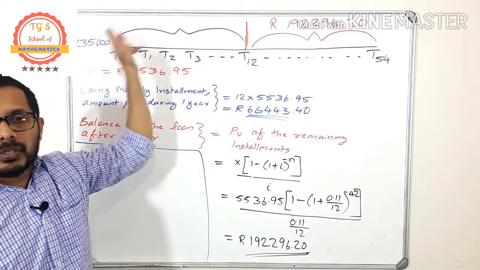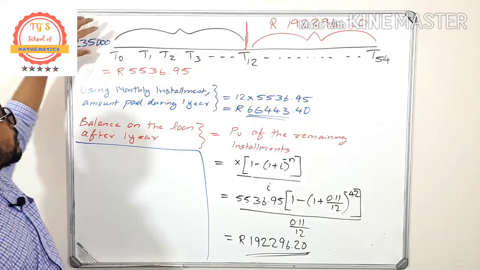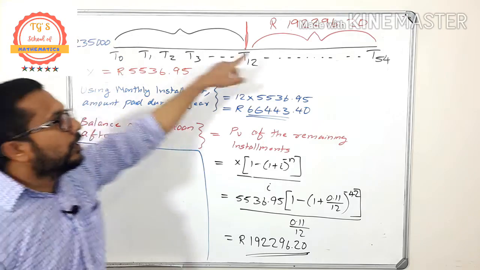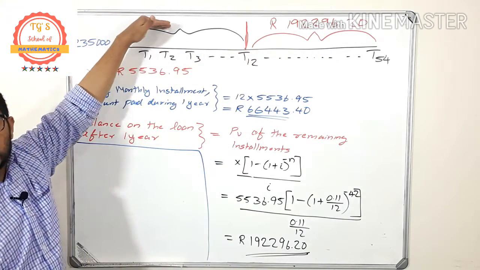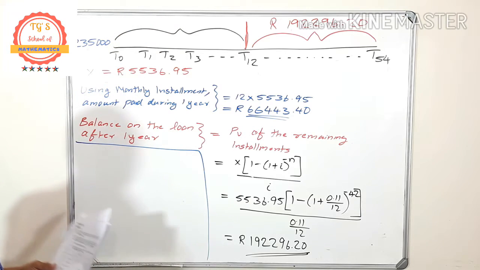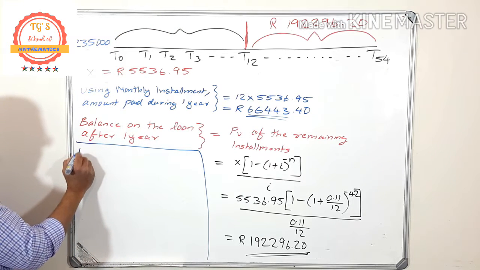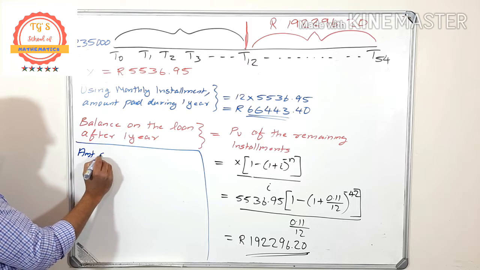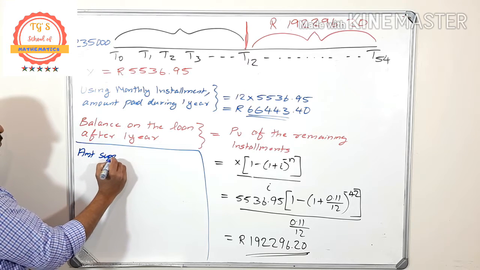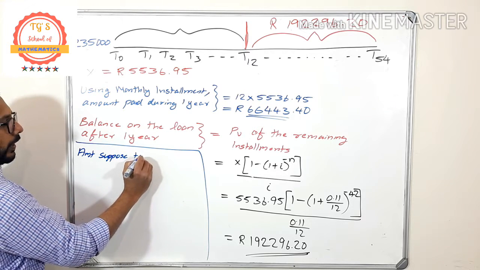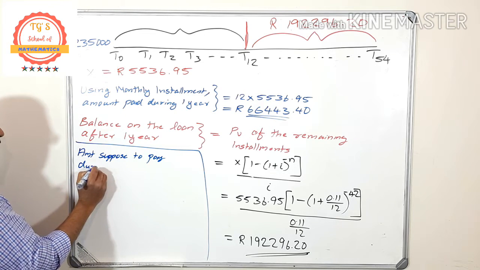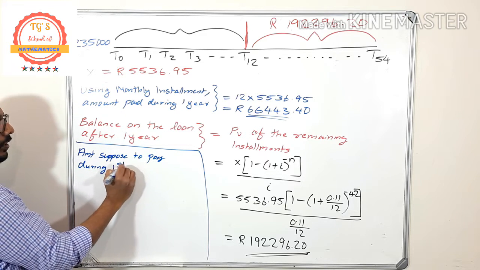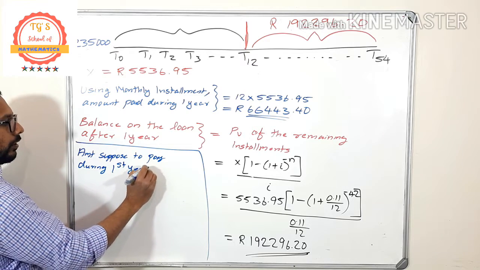So what about the first year? How can you find the first year? The amount borrowed minus the outstanding balance. There you will get the first year amount. So the amount he is supposed to pay during the first year: how can you find that?